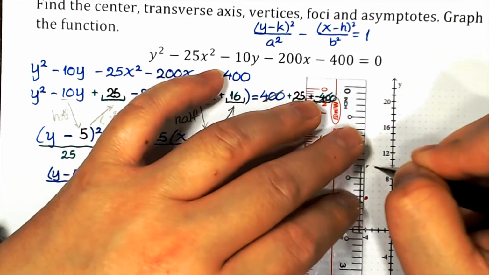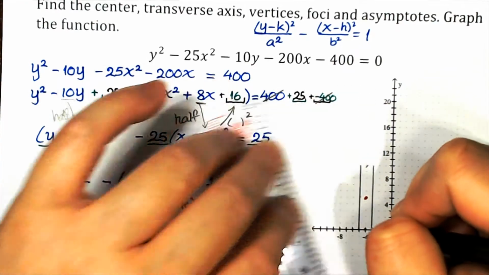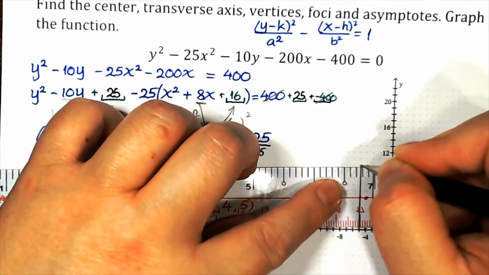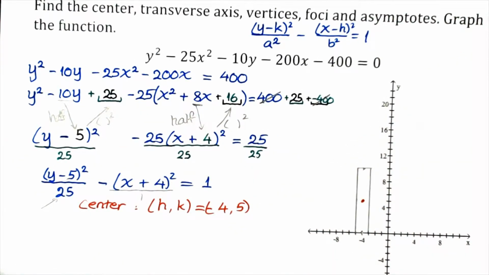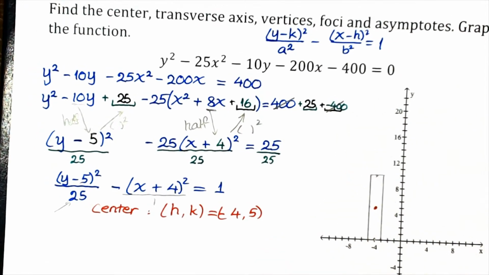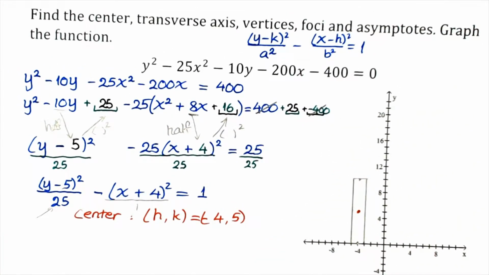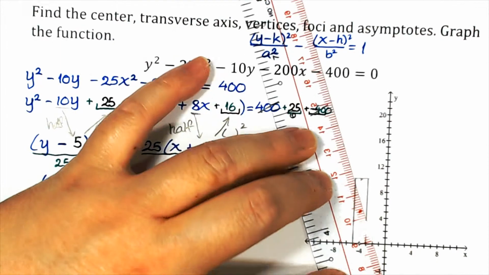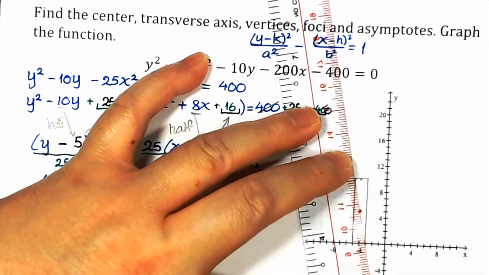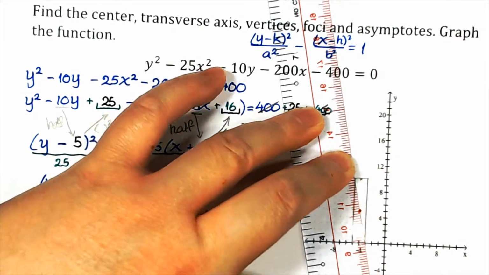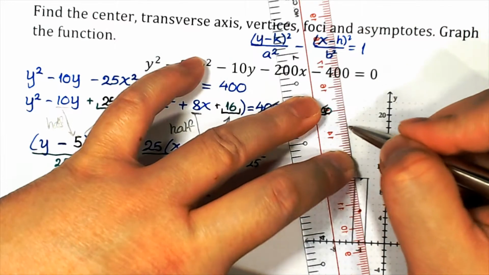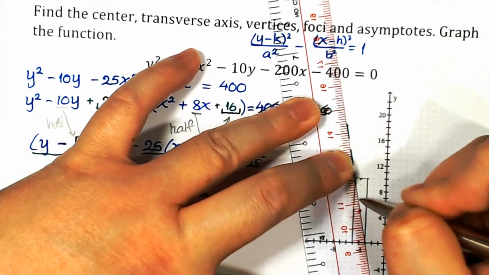So I'm going to draw a rectangle here. With this box, it would be a lot easier to graph the hyperbola. So again, 5 up, 5 down, 1 left, 1 right. With that, we can draw the diagonals. This will be the asymptotes. Just do that in green. So we're going to have the asymptotes.